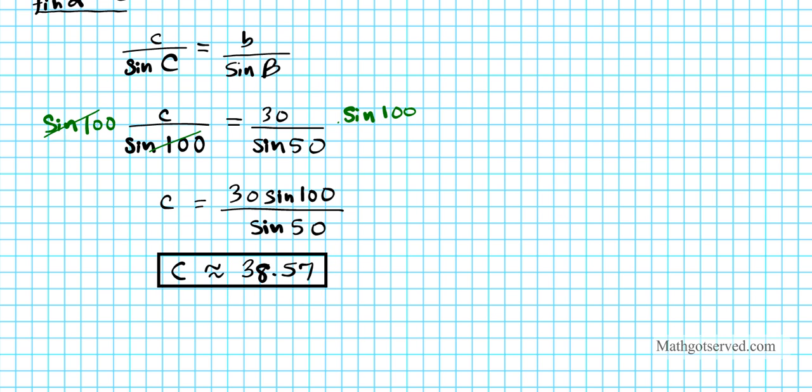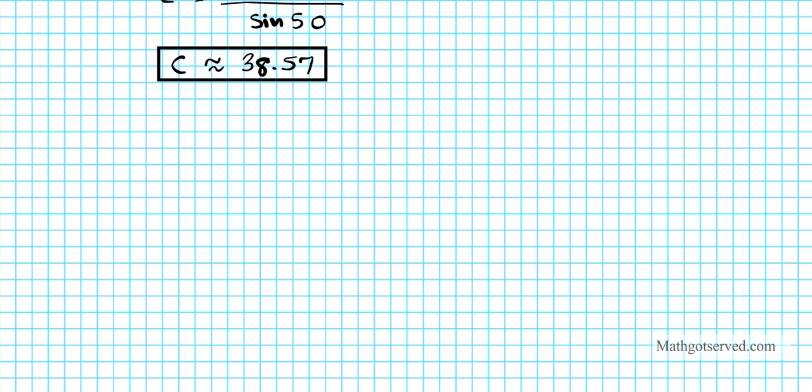Okay, so let's organize all our answers in a list so that we make sure we have everything down. So for this problem, we have our solutions. We have big C equals 100 degrees.